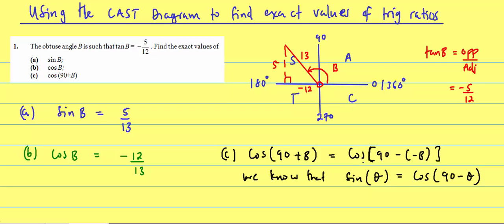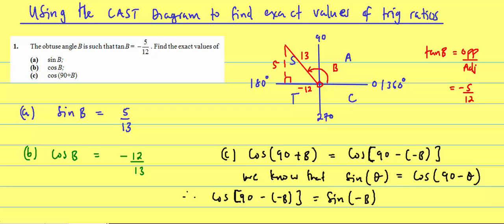So using the same argument, I now have the cosine of 90 minus B. So this is going to equal the sine of the complementary angle, which is equal to minus B.